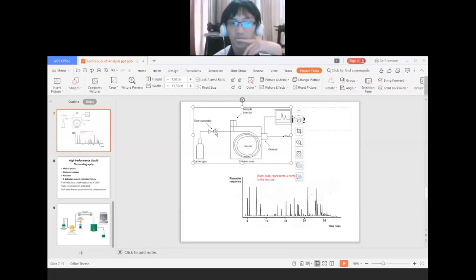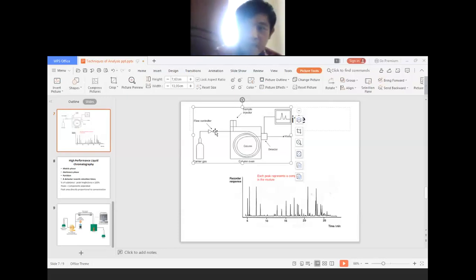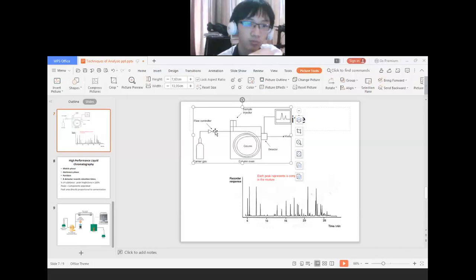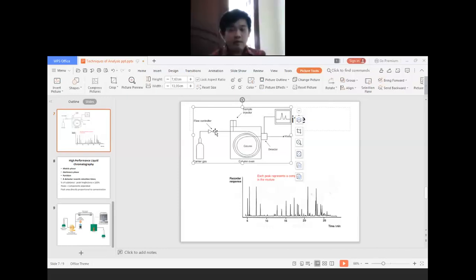Less volatile can also go inside the column, so it takes a longer time to stay in the column. But it will not stay forever. It will, for sure, come out.